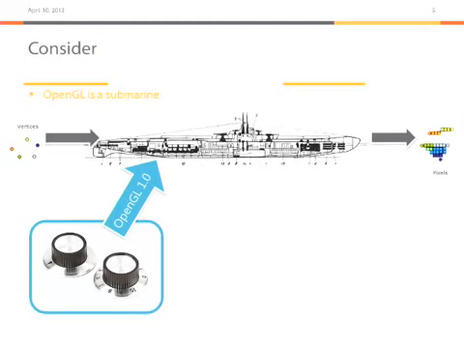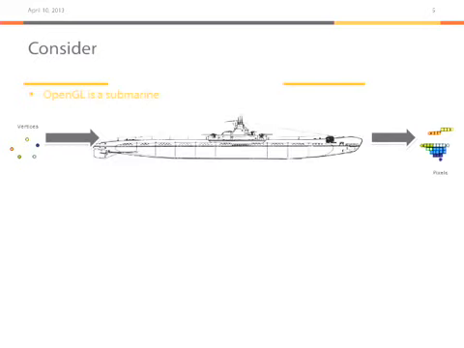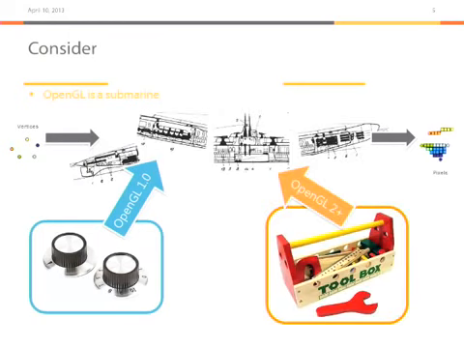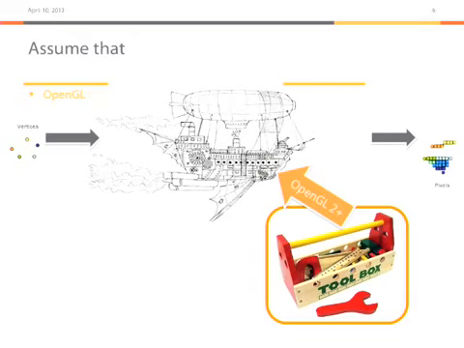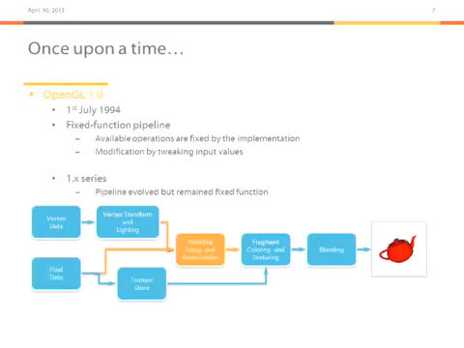The pipeline is fixed, but you can tweak some values. What happens from OpenGL 2 is that everything is chopped up, and you are given a tool set to create whatever you want. Since this doesn't make much sense yet, I'll start with how OpenGL works from the beginning.